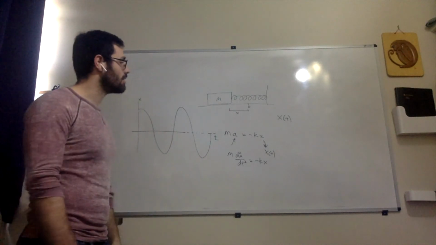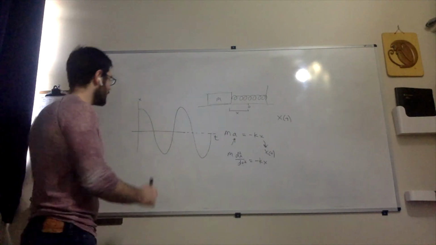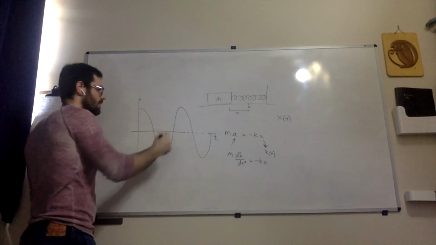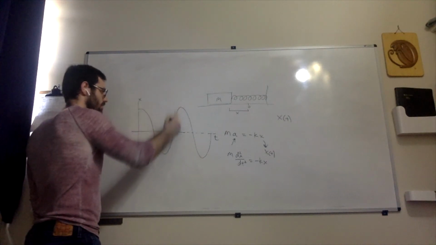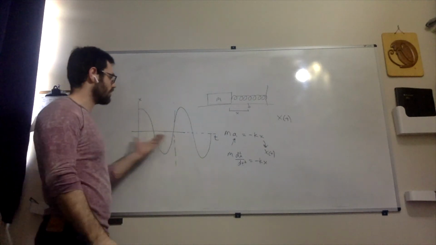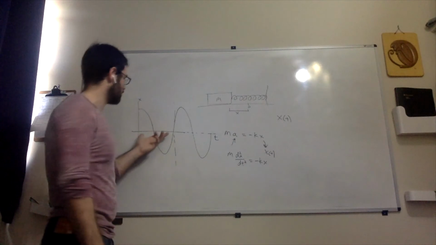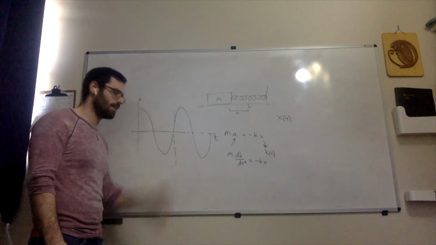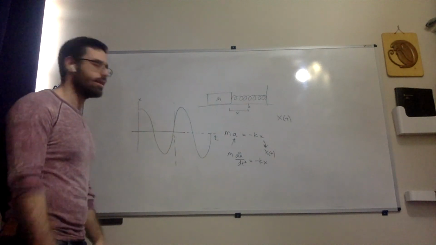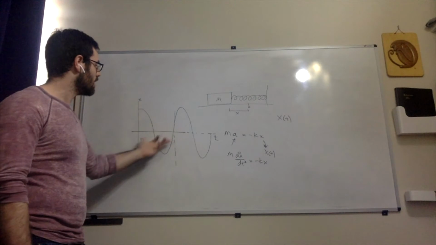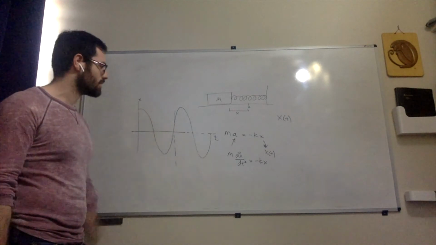But on the other hand, a cosine graph is just a shifted sine graph. I could shift by whatever portion of a period this is, depending on the length of the period, or the amount of time of the period, and I can get to a sine version.